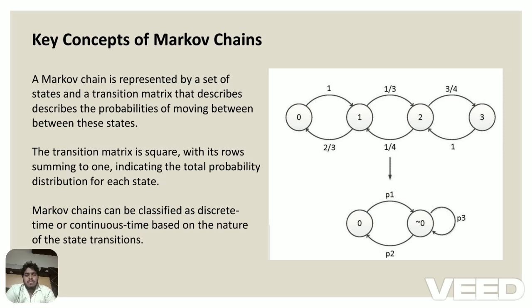The transition matrix is square with its rows summing to 1, indicating the total probability distribution for each state. Markov chains can be classified as discrete time or continuous time based on the nature of the state transitions.